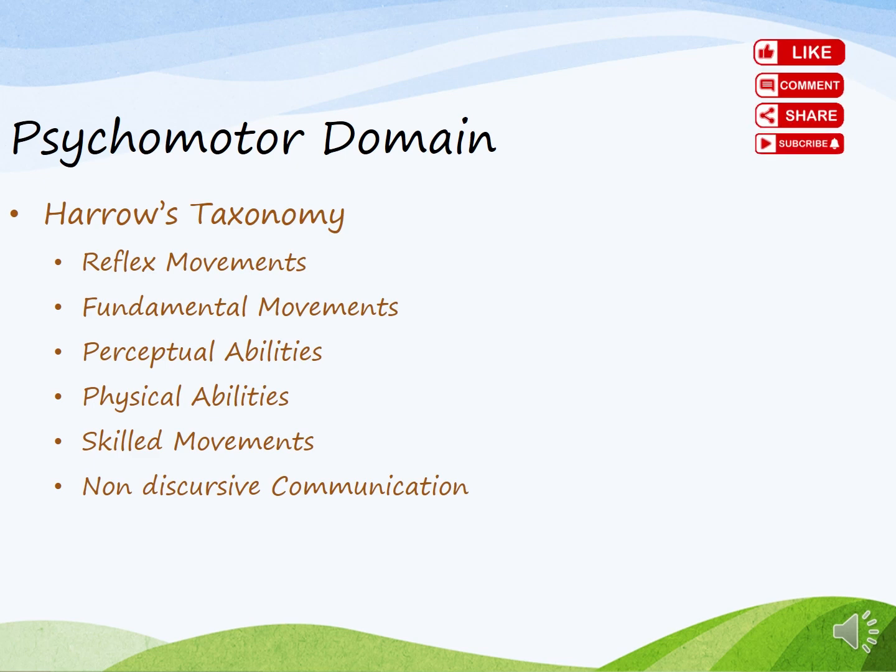The next is physical ability: movements that require strength, endurance, or flexibility, such as lifting weights or performing gymnastics. The next is skilled movement: complex movements that require coordination, such as playing a musical instrument or typing on a keyboard.